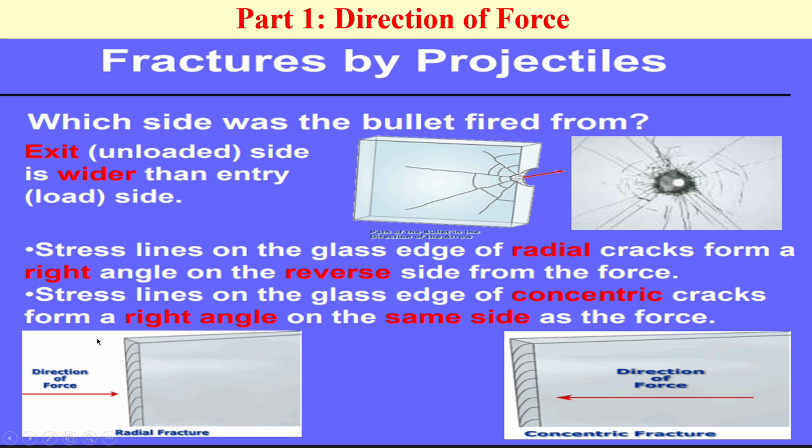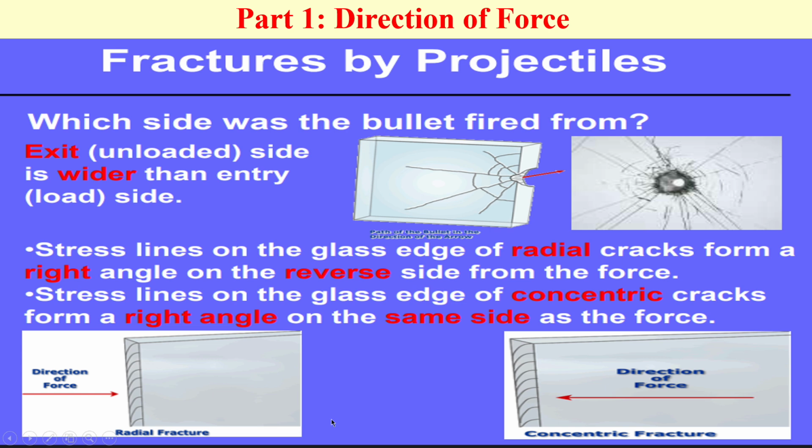In case of the radial fracture, we can apply the 3R rule. The 3R rule means direction of the force. In case of the radial fracture, the direction of force is the rear side of the fracture.